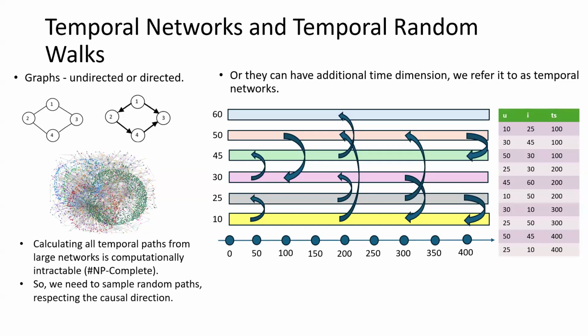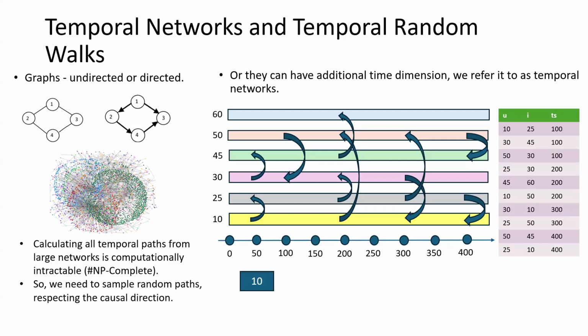When dealing with very large graphs, enumerating all temporal paths is computationally intractable. It is NP-complete. So we often rely on sampling random paths while respecting the causal direction, which we refer to as temporal random walks.